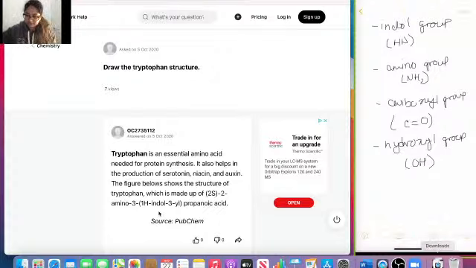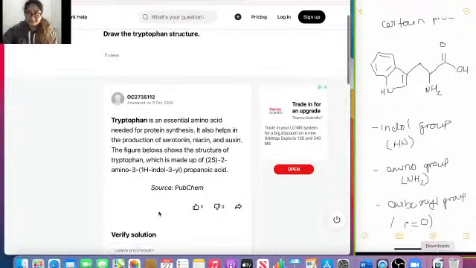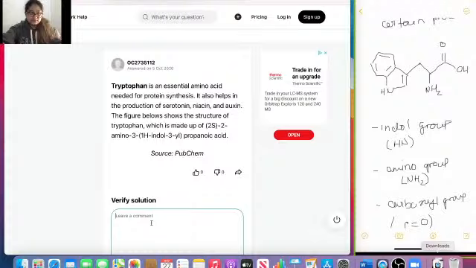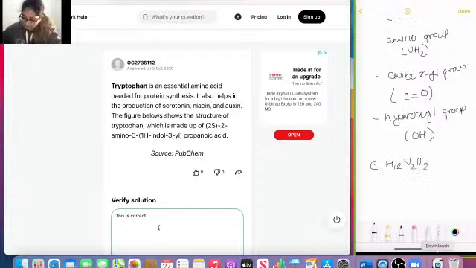And so this is the structure of tryptophan. Oh, and I also forgot to mention that the chemical formula is C11H12N2O2. Okay, this is tryptophan.